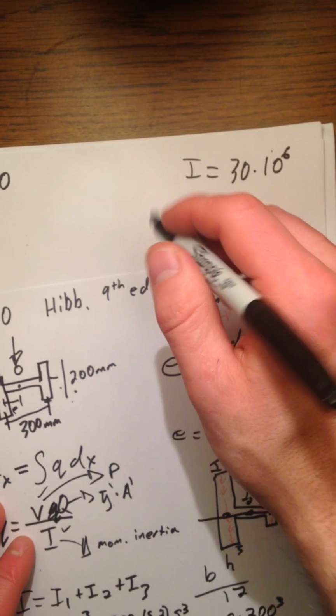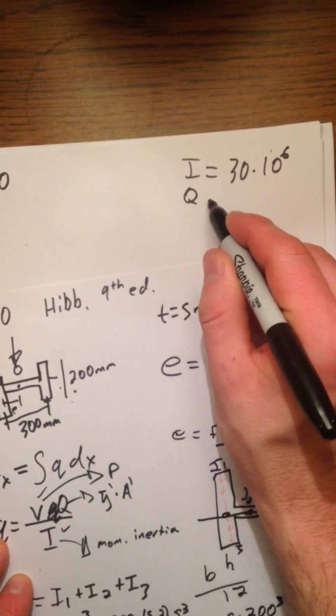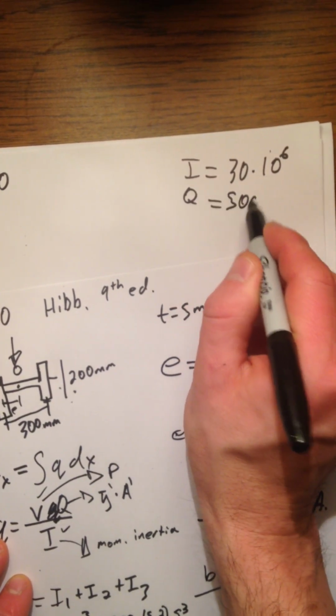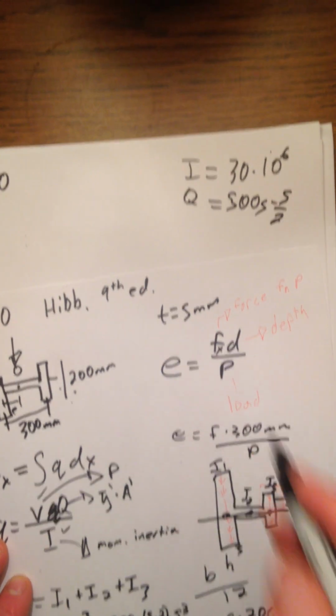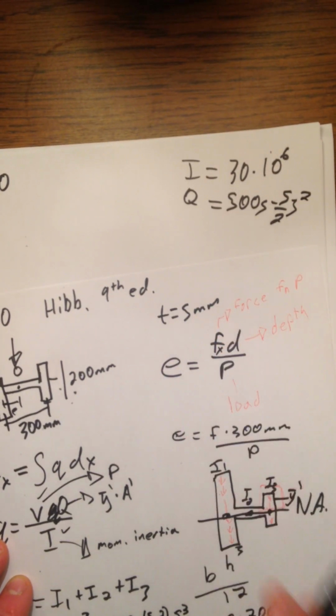And then we have our new Q as 500s minus 5 over 2 s squared.